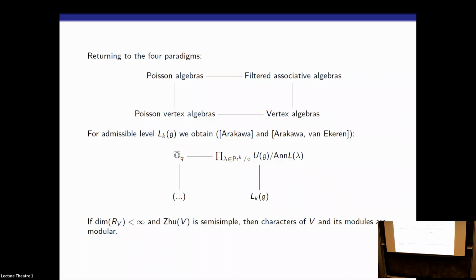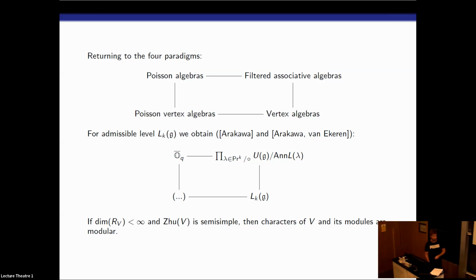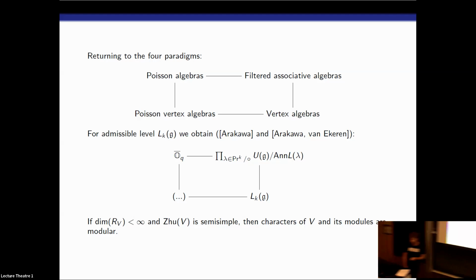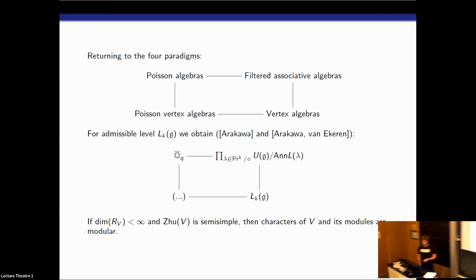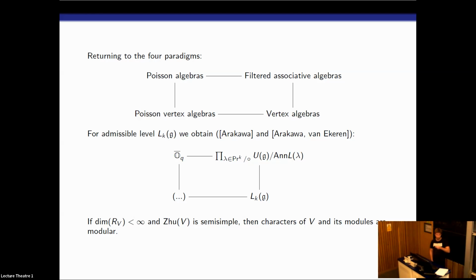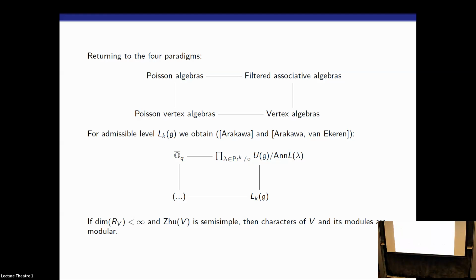Okay. So in particular, if K is a positive integer level, then Q is 1, and this scheme is just a point, or a fat point rather. That corresponds to the dimension of R_V being finite. It's called either Lisse or C2 cofinite. But for more general admissible levels, of course, you get some non-trivial variety here.